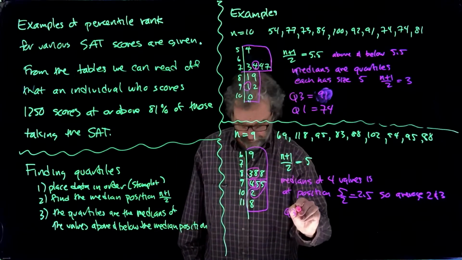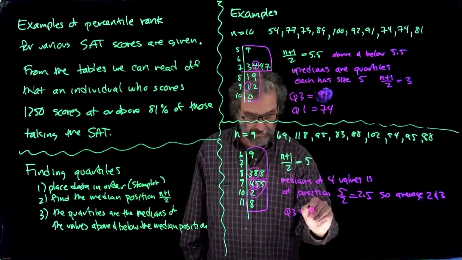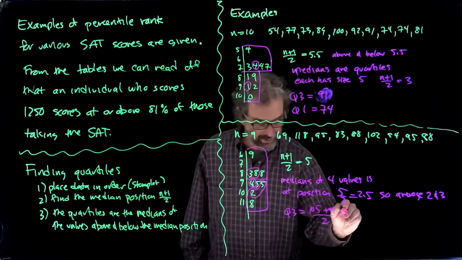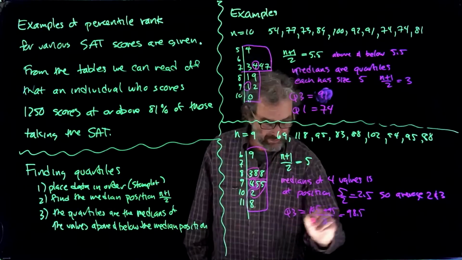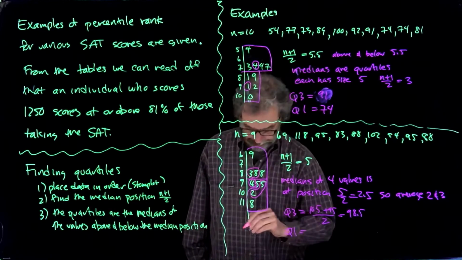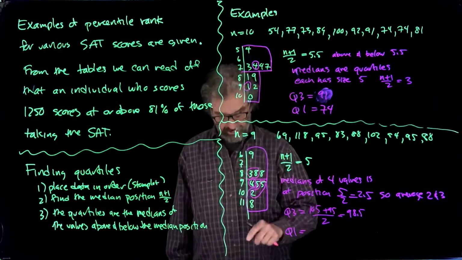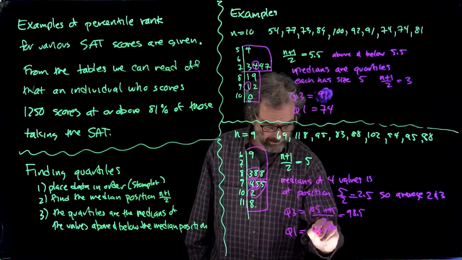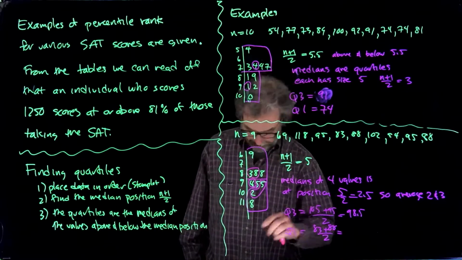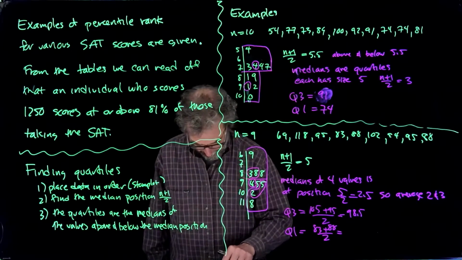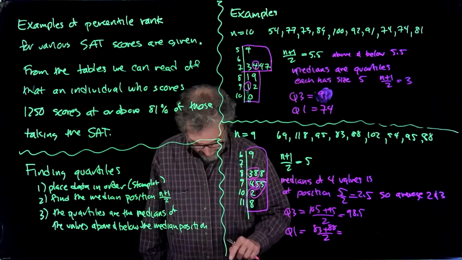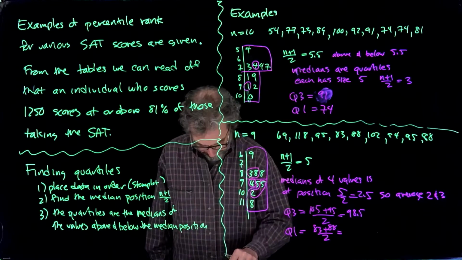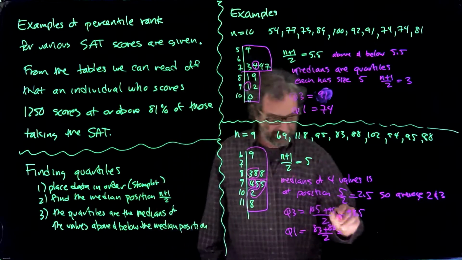Q3 is 105 plus 95 over 2, which I get 98.5. And Q1 is 83 plus 88 over 2, which is 85.5.